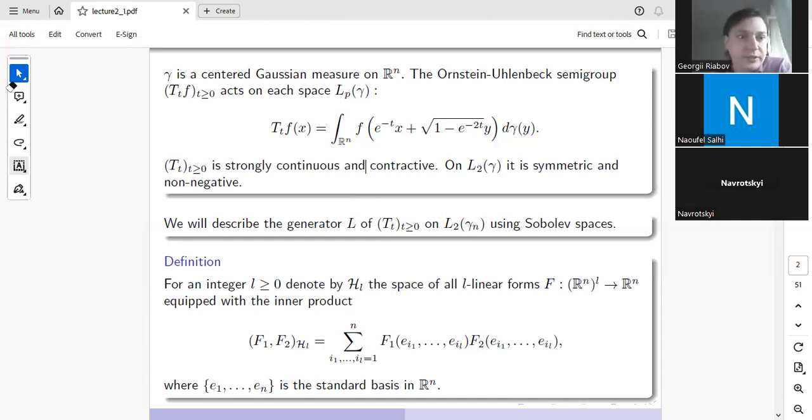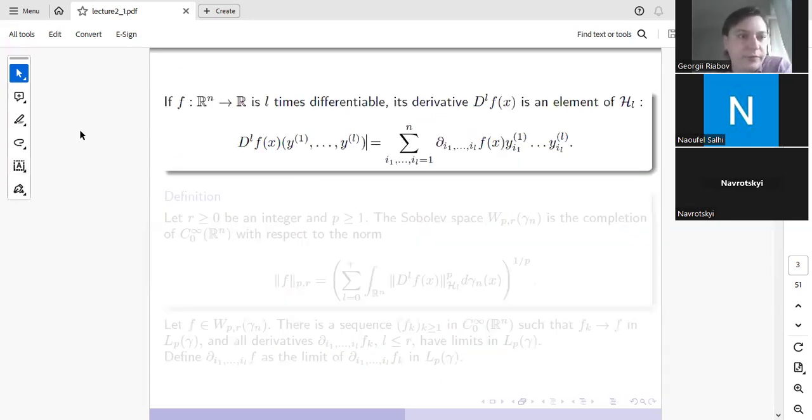All right, and if we have a function which is L times differentiable, then its Lth derivative can be viewed as an element of H_L. It's like the Lth derivative in directions y1, ..., yL, and it is actually equal to such a sum.